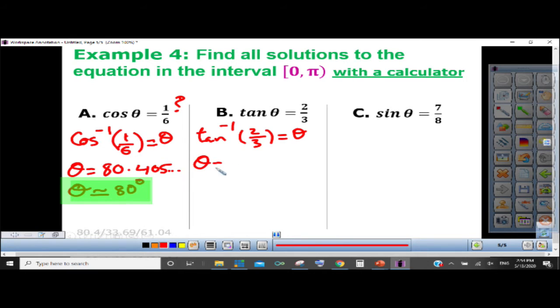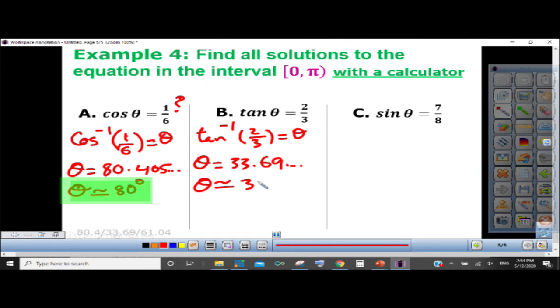Theta equals, in this case, 33.69. And maybe this is going to be 33.7. And that's why we're approximating here. I approximate by putting this squiggly line, a squiggly tilde and then a line under that. It's not equal.